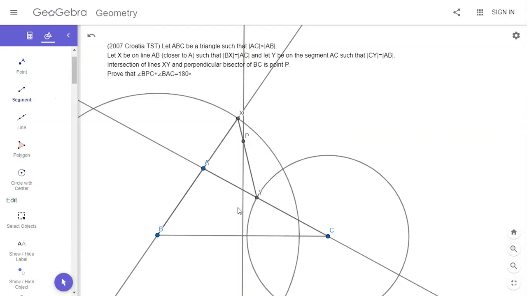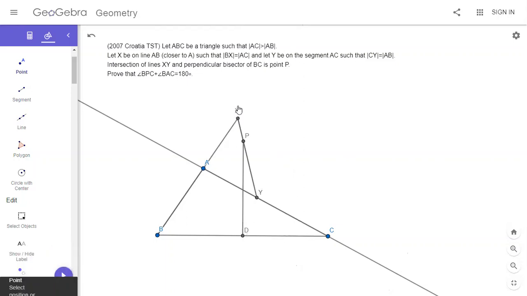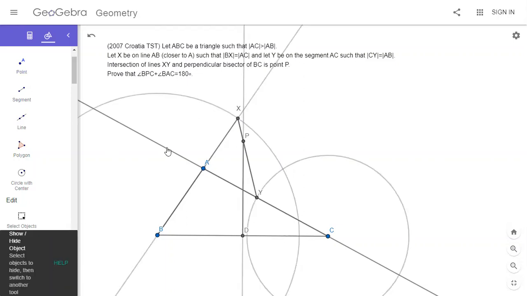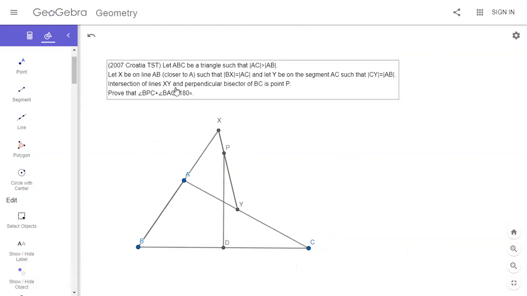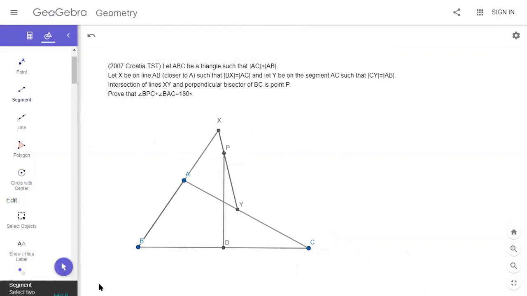All right. So D is the midpoint of BC. I'm going to just hide a bunch of stuff. You hide AC. Okay, so we want to show BPC plus BAC is 180.